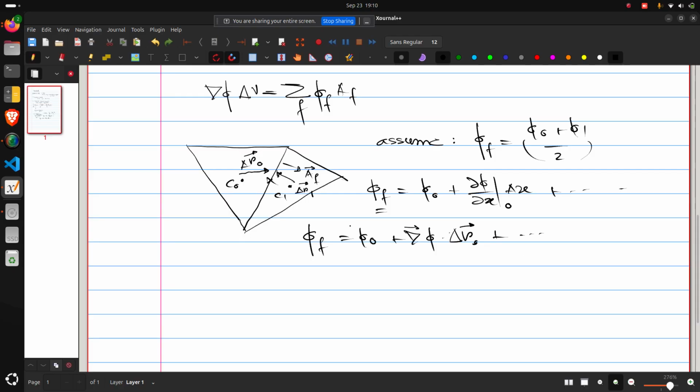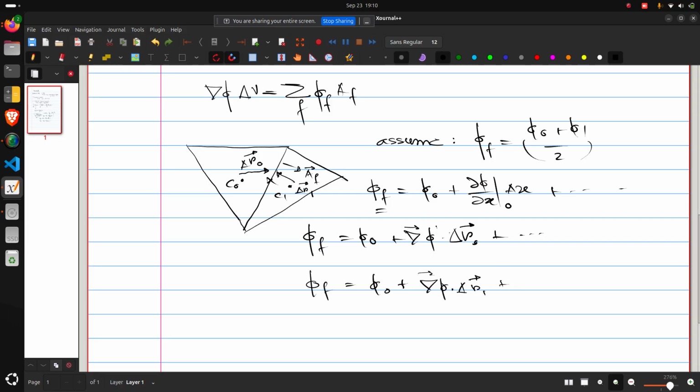Similarly we can reach the value phi f from phi 1 also. In that case everything will be the same, but instead of r naught it will be r1 bar, because this vector is responsible for connecting the cell center C1 and the face center. Let me just write it properly.